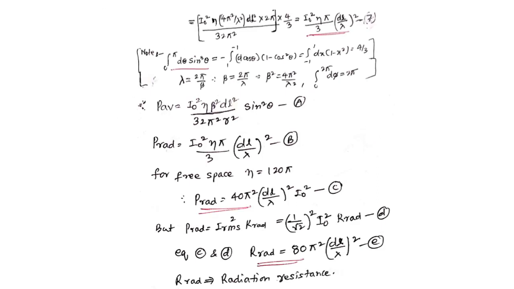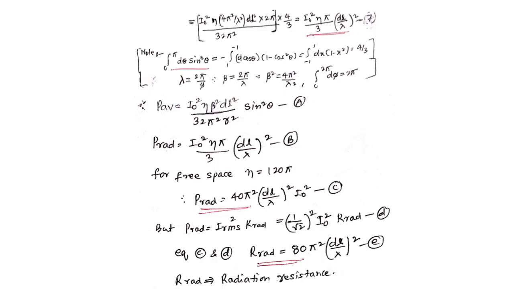But the value of the integration from 0 to pi of sin cube theta d theta is given by 4 by 3. Substituting lambda is equal to 2 pi by beta, therefore beta is equal to 2 pi by lambda, which gives beta square equal to 4 pi square by lambda square, and the integral of d phi from 0 to 2 pi is 2 pi.